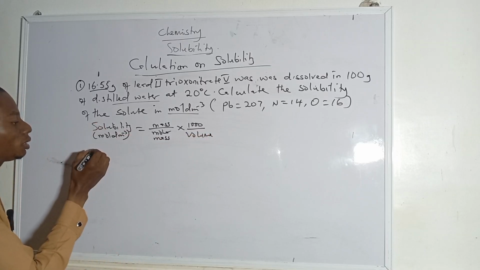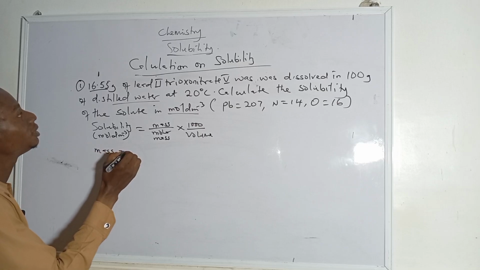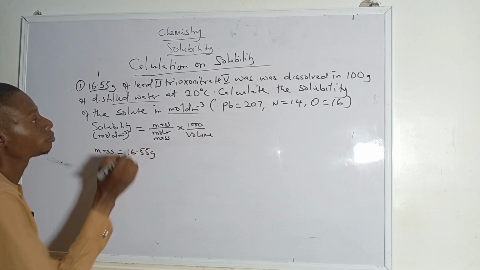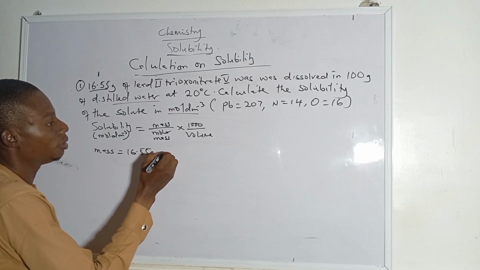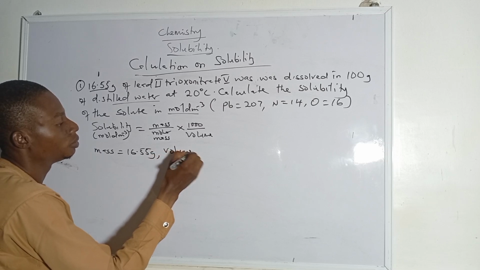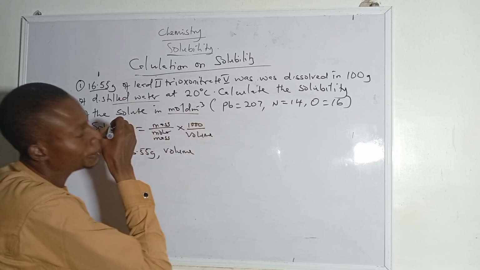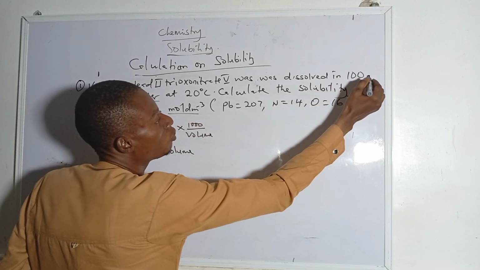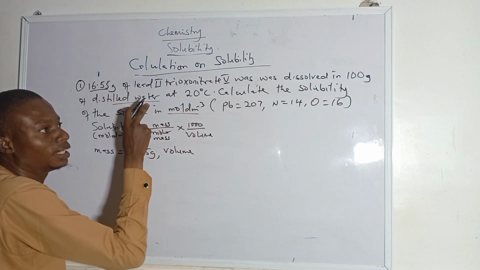So what is mass now? The mass is 16.55 gram. What is volume? You were given 100 gram of distilled water.